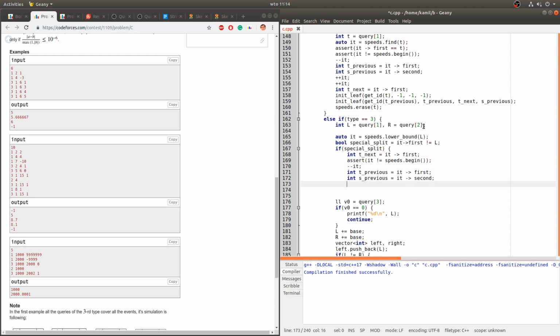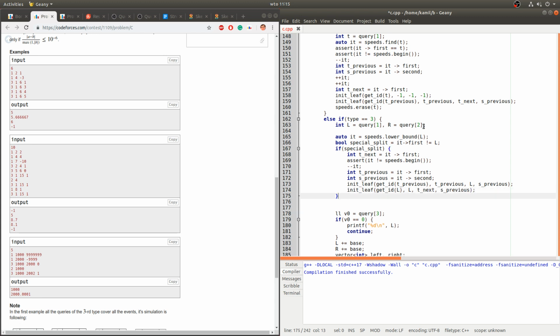What I need is initleaf get ID of T previous from T previous to L and as previous here. Okay, and then initleaf get ID of L from L to T next with my speed. What speed? The same speed. I just split one segment into two.